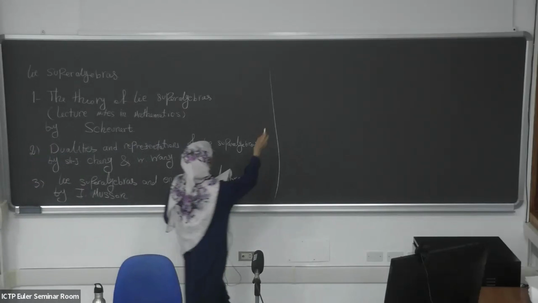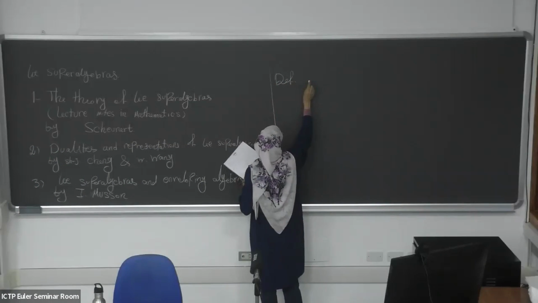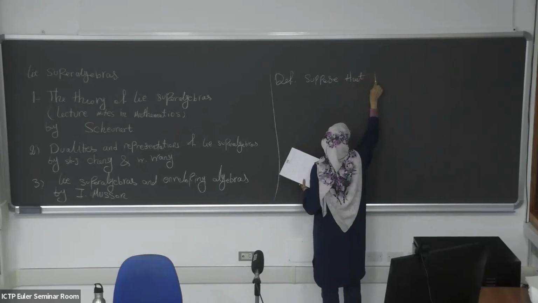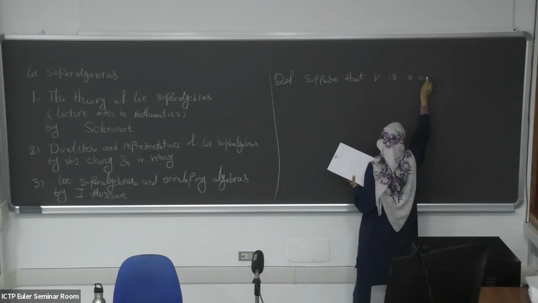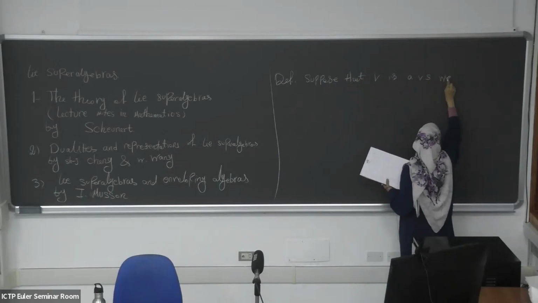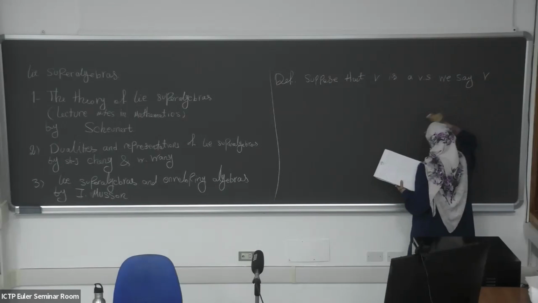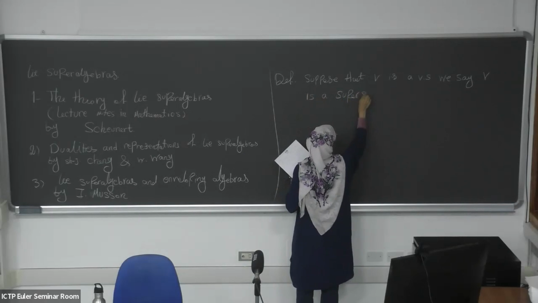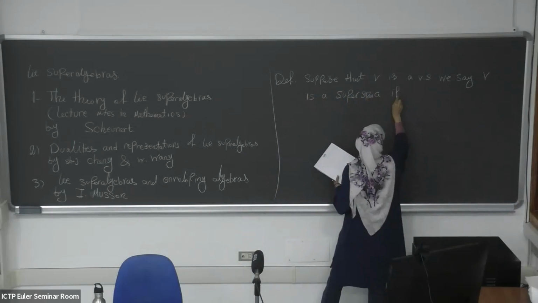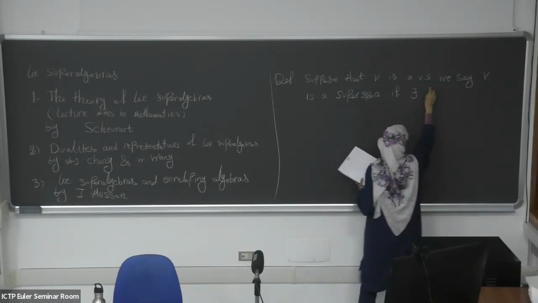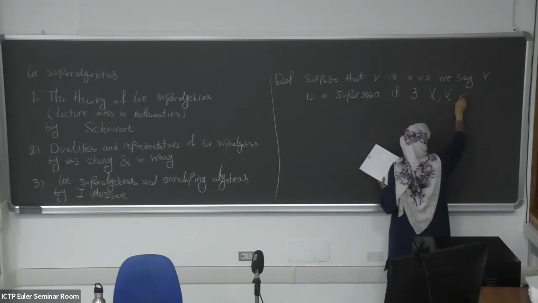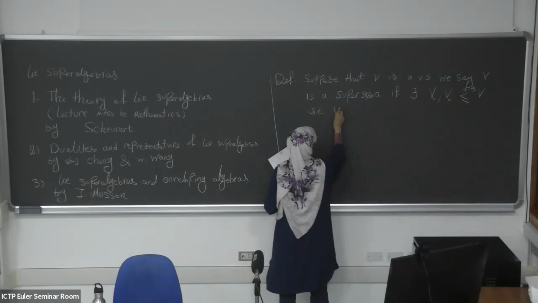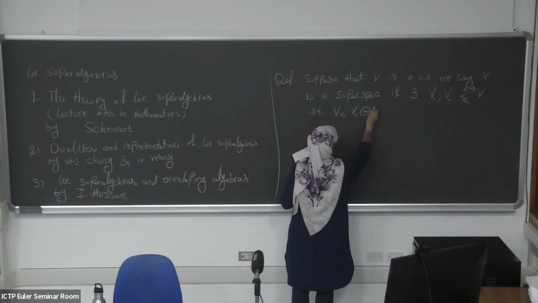Let's start with a definition. A vector space V is a superspace if there exist two subspaces V0 and V1 of V such that V is V0 direct sum V1.